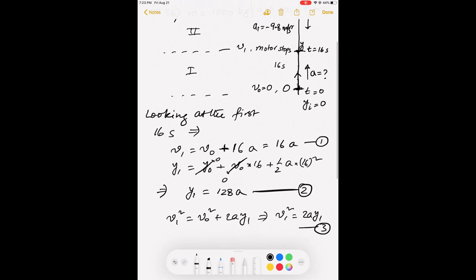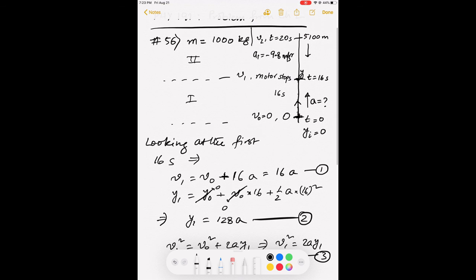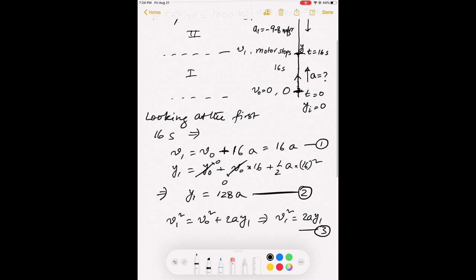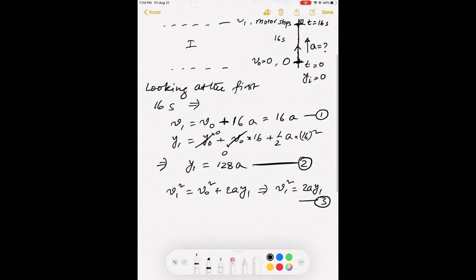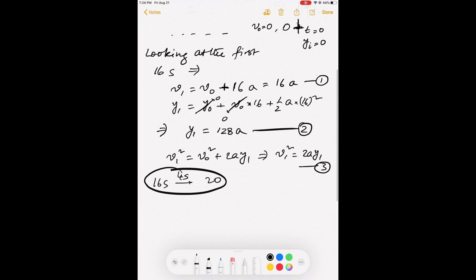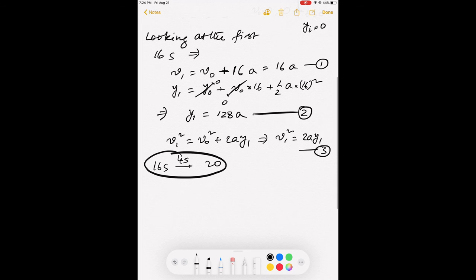All right, now we still have a whole second part of the motion untouched. For the first 16 seconds it was accelerating, and then we have 20 seconds in total. So from 16 to 20 seconds there is a 4-second time interval in which the rocket was doing something different.